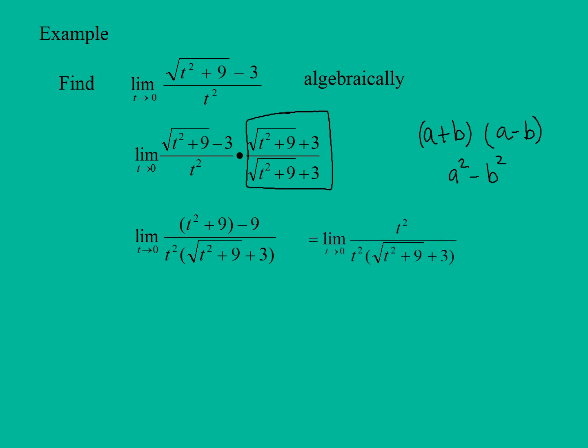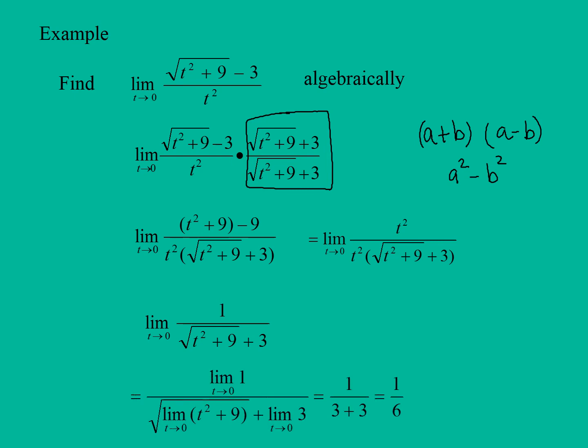Now in the numerator, notice that the 9's would cancel, and then we would be able to reduce the t squareds. So now in this step we could reduce the t squareds, and we would be left with 1 divided by the square root of t squared plus 9 plus 3. Now if we use direct substitution, we'll get a value. When we apply the direct substitution, we would get 1 over 6.